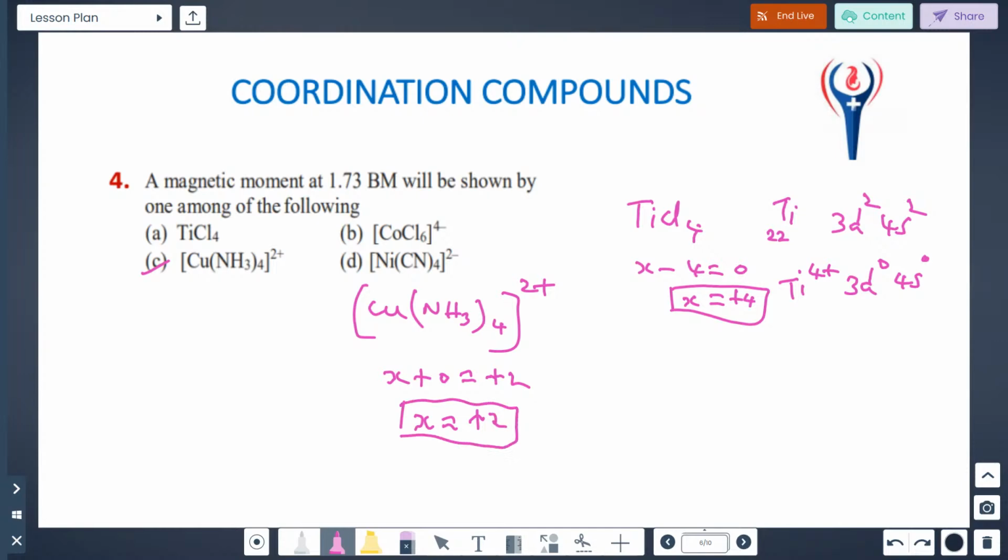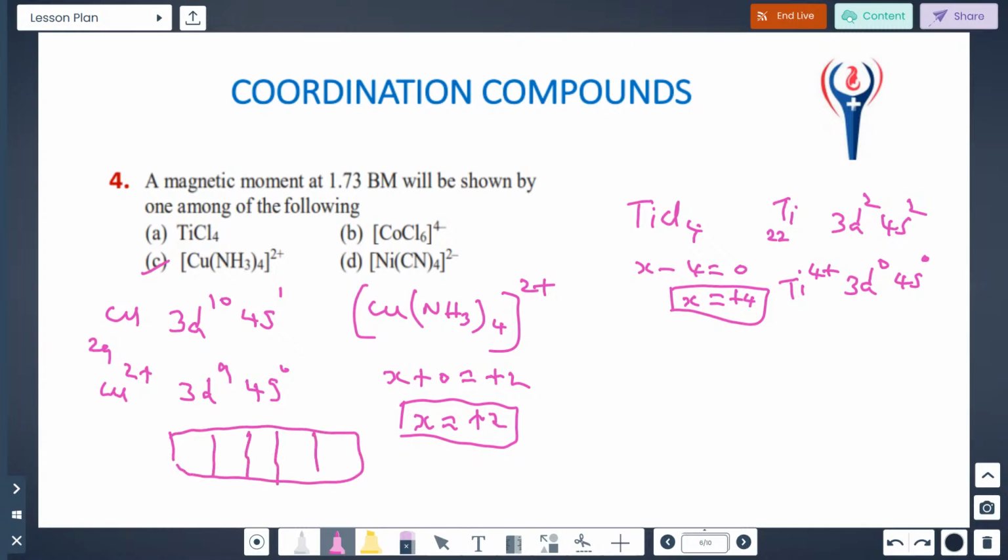Copper has atomic number 29, which we can write as 3d10 4s1. But in Cu2+, 2 electrons will be lost: 1 electron from 3d and 1 electron from 4s, giving 3d9 4s0. With 3d9, four orbitals have paired electrons, so one orbital must be unpaired.